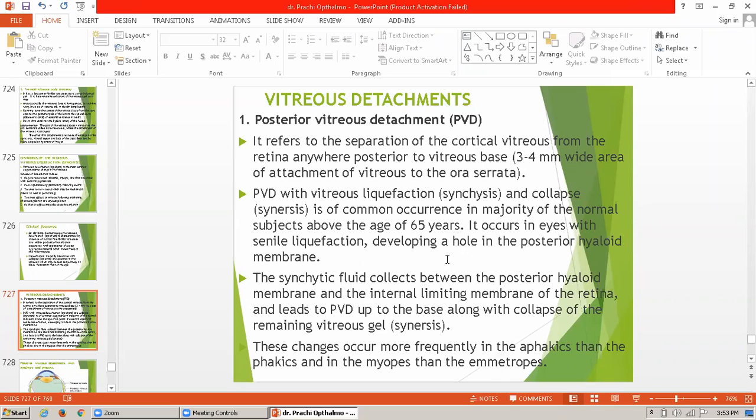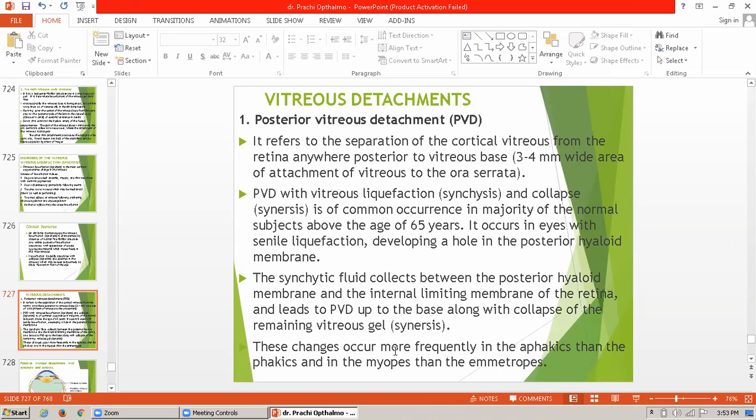There is a hole developing in the posterior hyaloid membrane. The synchytic fluid collects between the posterior hyaloid membrane and the internal limiting membrane of the retina and leads to PVD up to the base, along with the collapse of the remaining vitreous gel, that is syneresis.